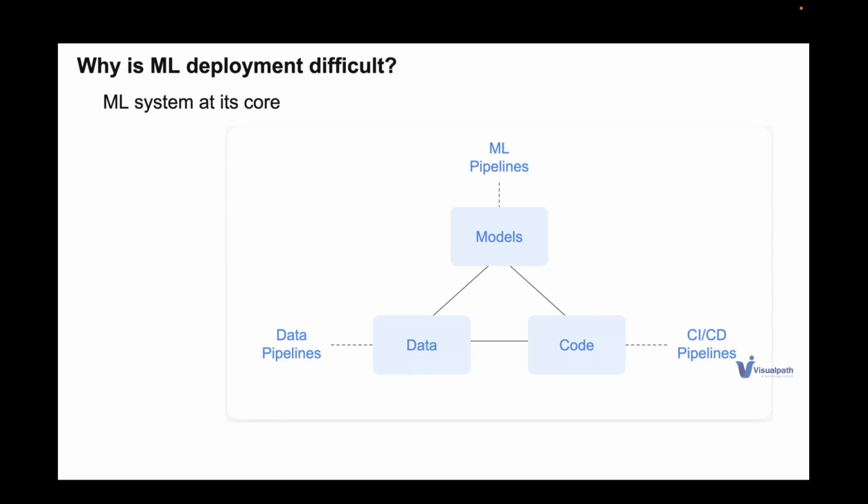For those who are from the data engineering background, you will be working more on this section currently, and the code part is there, which we already have, like CI/CD pipelines and all the things in place. There is also a new component, which is a model. So we need to have three pillars which we need to focus on. Not only one, not only two, but three.